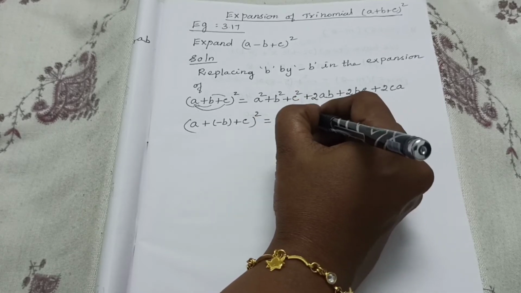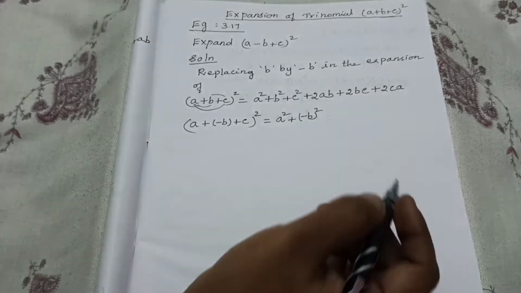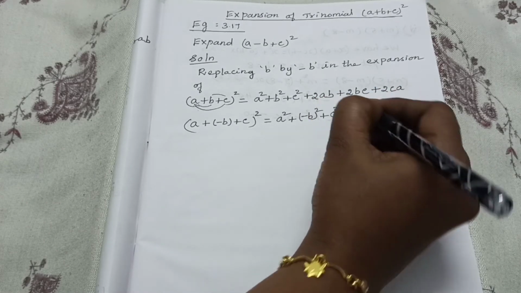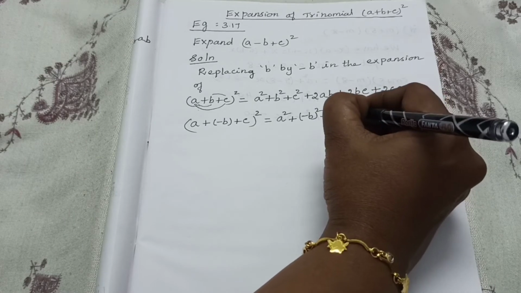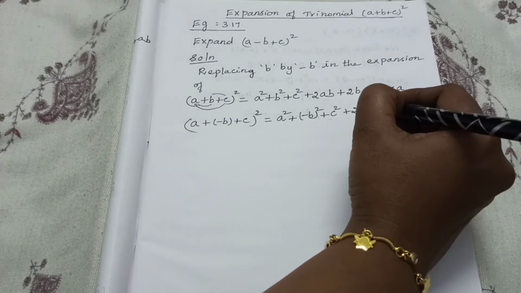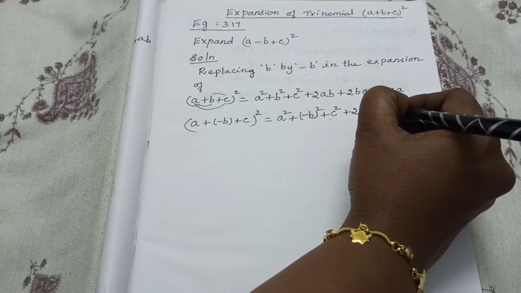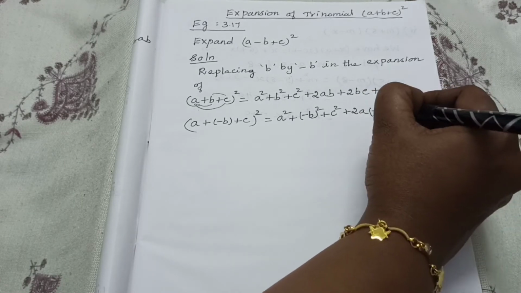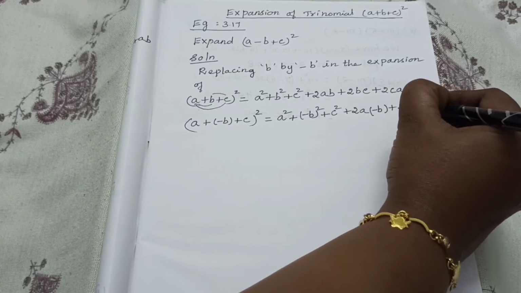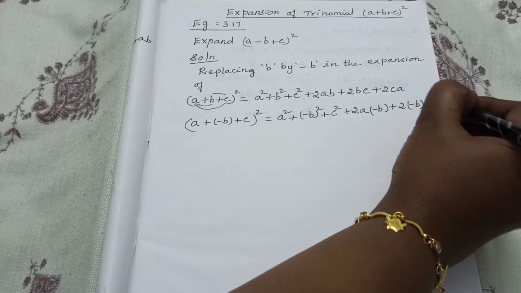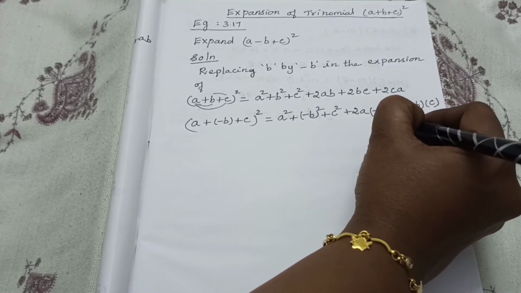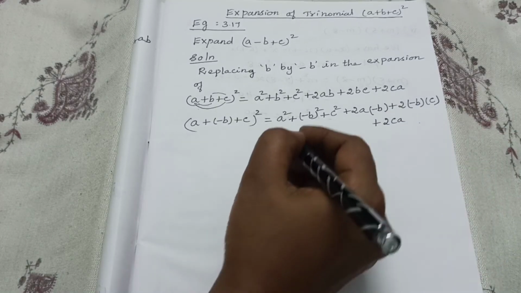So we have to write this plus, then minus b the whole square. Okay. Then plus c square, no change. Then plus 2 into a, then b place you have to substitute minus b. Then plus 2 into b place substitute minus b into c. Okay. Then plus 2ca, no change.